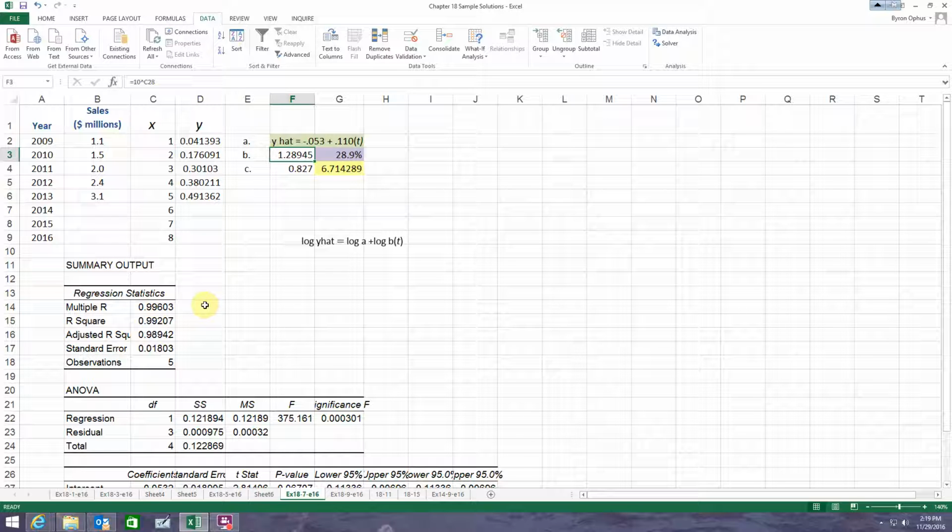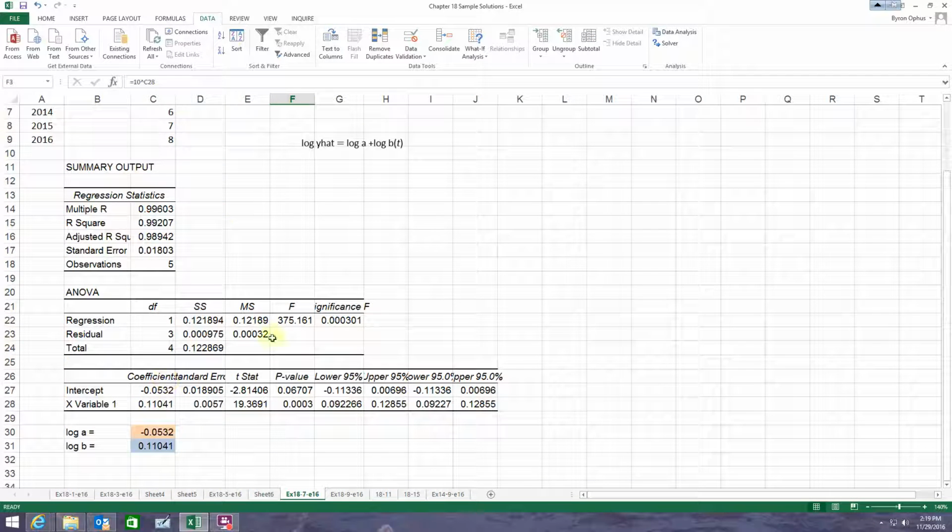Yeah, it's anti-log. There you go, it's the anti-log. Well, how do you calculate the anti-log? Well, it's just 10 to the power of that. So here we've got 10 to the power of this number.